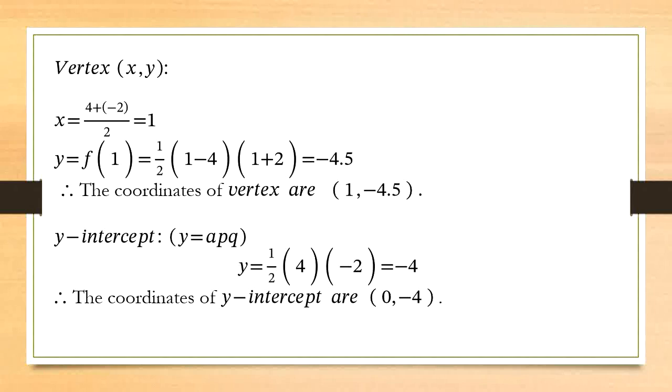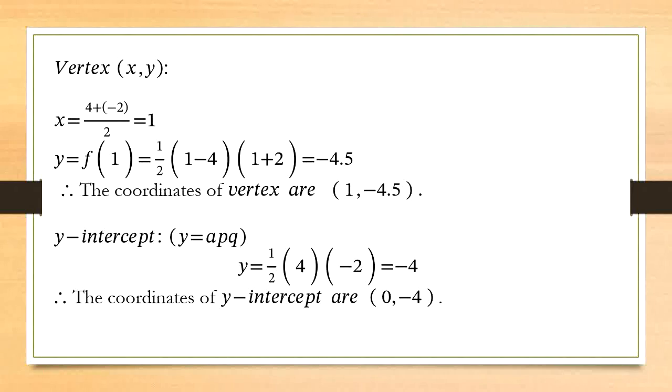And for the y coordinate, whatever value we get in finding the x coordinate, we substitute that value in the given function. Here we got the value of x as 1. While substituting that in the given function, we have f of 1 is equal to 1 by 2 times (1 minus 4) times (1 plus 2), which gives us the value as negative 4.5. Therefore, we have the coordinates of the vertex as (1, negative 4.5).